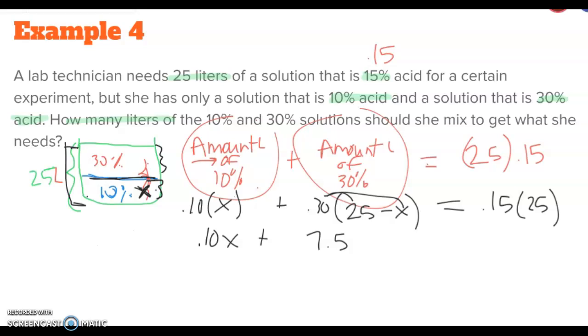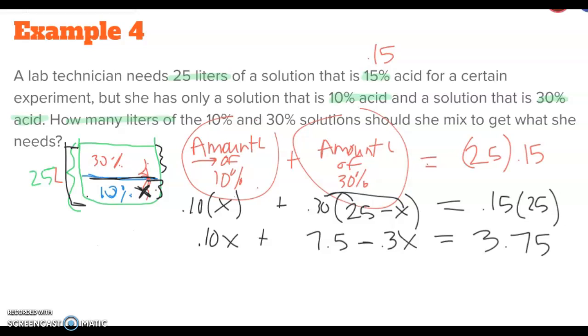And then distribute 0.3 times negative x. Remember, positive times a negative is still negative. So 0.3 times 1x gives me 0.3x, equals 0.15 times 25, which is 3.75.